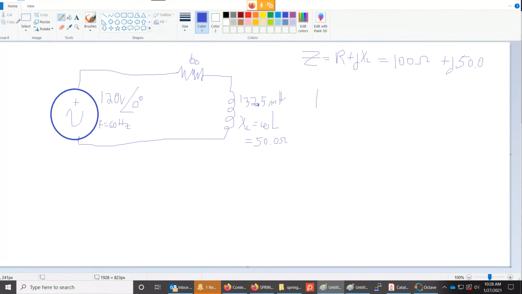So my current I is the supply voltage E divided by Z, that's Ohm's law.